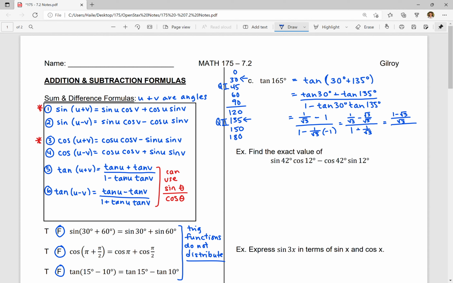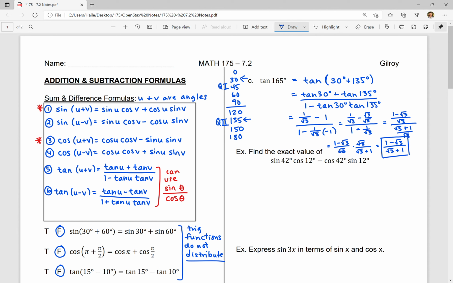And on the bottom fraction, we'll get the square root of 3 plus 1 over the square root of 3. So now if I divide these two fractions, I just get 1 minus the square root of 3 over the square root of 3 times the square root of 3 over the square root of 3 plus 1. So finally, these two square root of 3's cancel, and my final answer is 1 minus the square root of 3 over the square root of 3 plus 1.